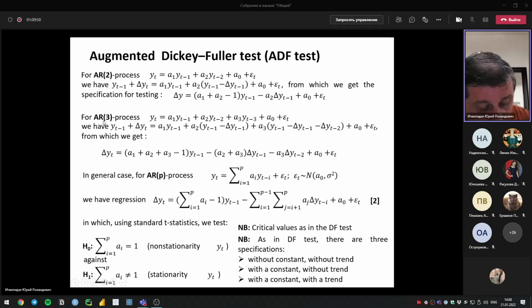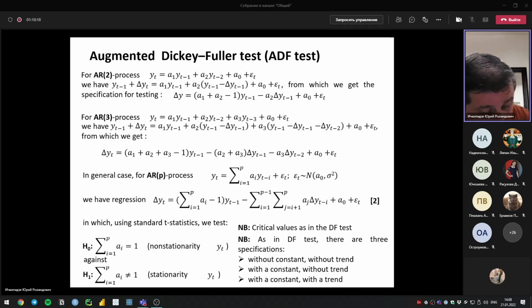The same transformation is done, and it turns out that we are testing the equation on the first difference, that is the sum of the coefficients a1, a2, a3 minus 1 multiplied by the original series with a lag and by the regression with the first difference with a lag, the first difference with 2 lags.